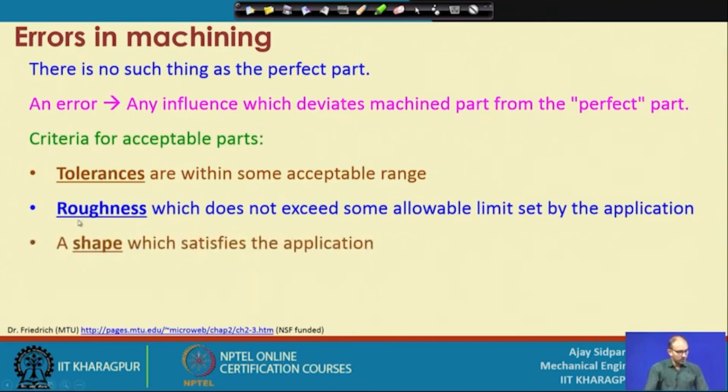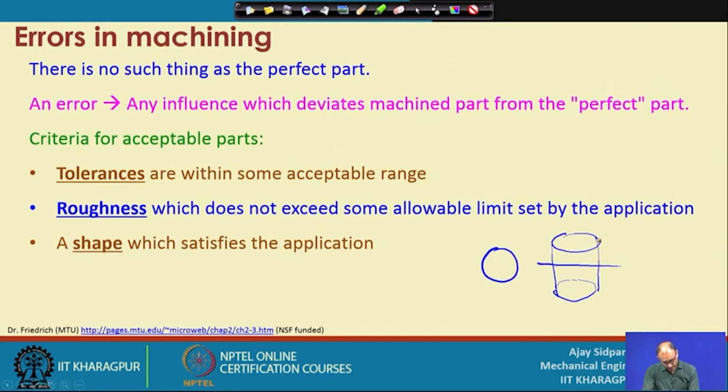Now, shapes are also important because here, tolerance is the deviation in the dimension, roughness is the surface characteristic which will come into contact with the under surface, and shape is the workpiece shape. Now, let us consider a cylindrical component, and if you cut it from the center, this is the cut section.